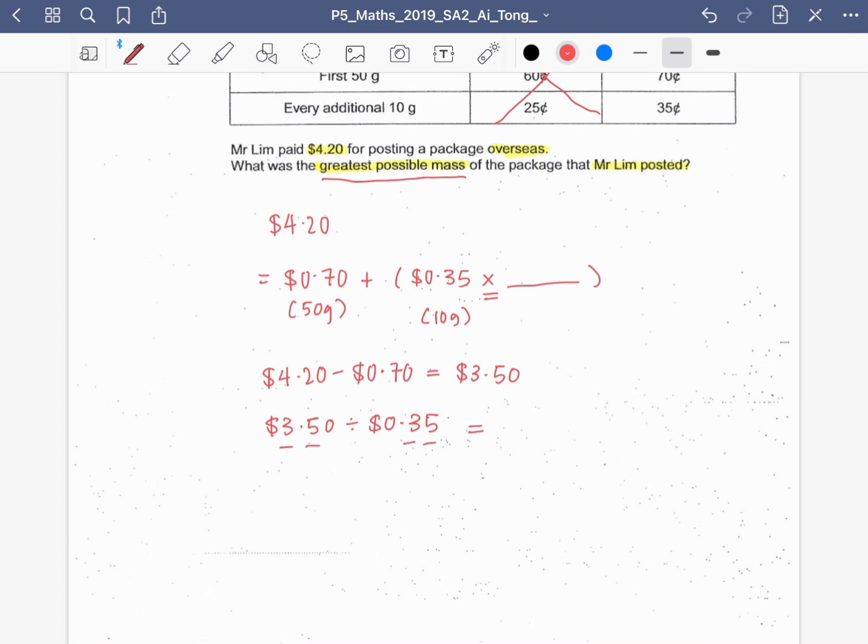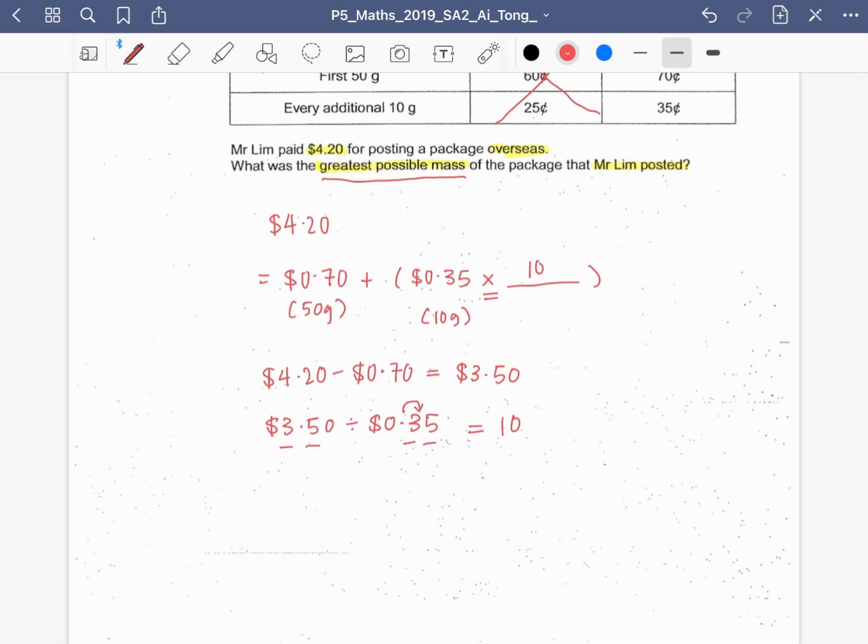This is so easy. So means that the difference here is just 10. Correct? Because if you times 10 to this, it becomes $3.50. Okay? So our missing number is 10.